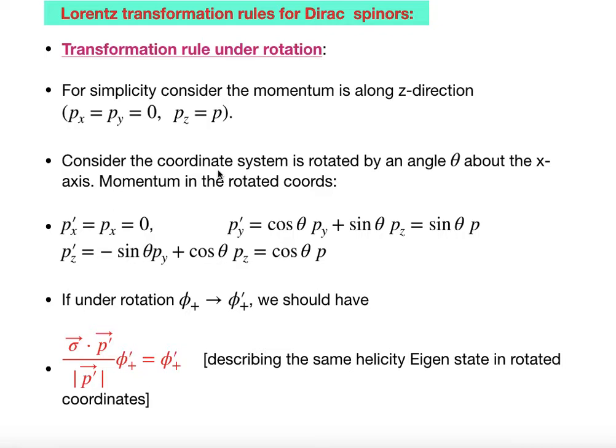So the momentum in the rotated coordinates: px prime is equal to px, which is 0, but py and pz will change. py prime is sine theta times p and pz prime is cos theta times p. So this is a simple transformation property of a vector under rotation, because px, py, pz are the components of a vector.